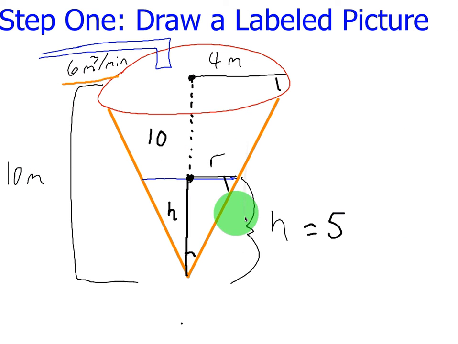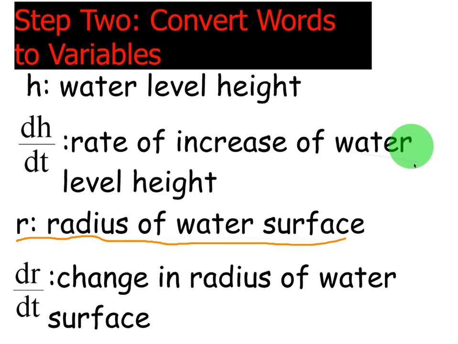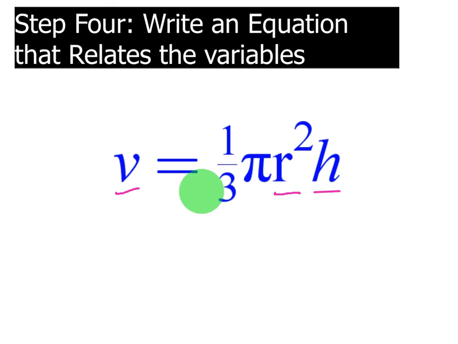That has to do with the rate in which H is increasing. So we want to get the formula down to just V and H. We want to eliminate R, since we're trying to figure out dH dt, which is the rate in which the water level is increasing. So that's how you know. Just read the question and see what it's asking. So we want to get rid of R in this equation, so it's just in terms of H.